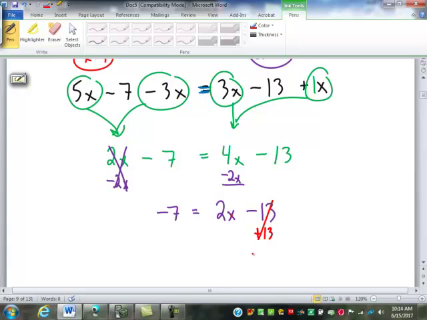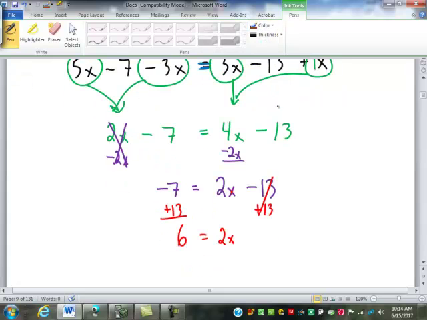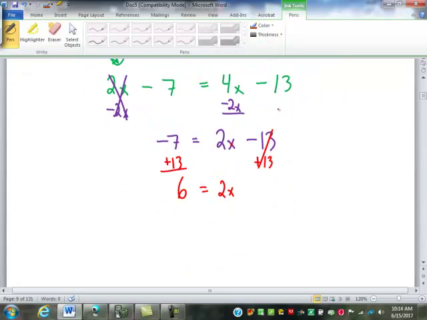We have to add 13 to the other side. So over here we just have the 2x. What's negative 7 plus 13? 6. Very good. And our last step? Divide by 2. Wonderful. So the 2 is gone. We have x equals 3.